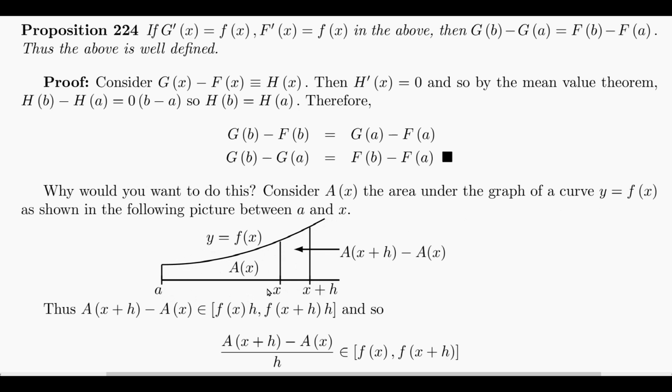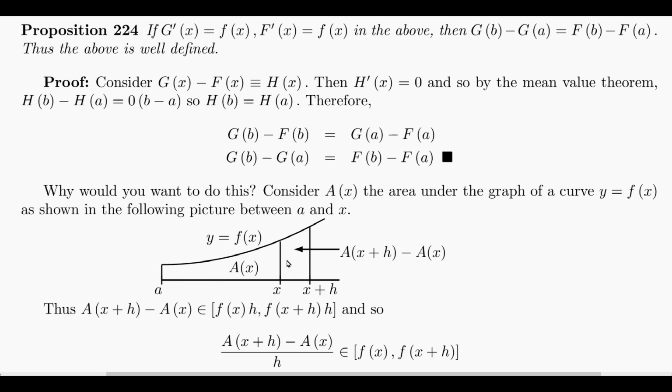So if I looked at A of x plus h, that would be all of this, see? And so if I look at A of x plus h minus A of x, that's this material in here, see?